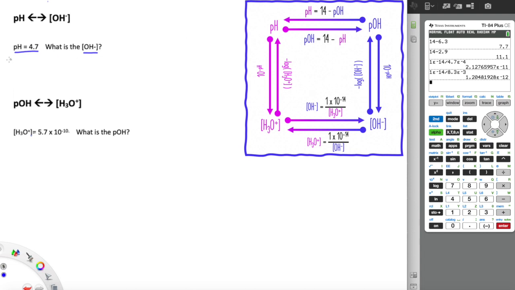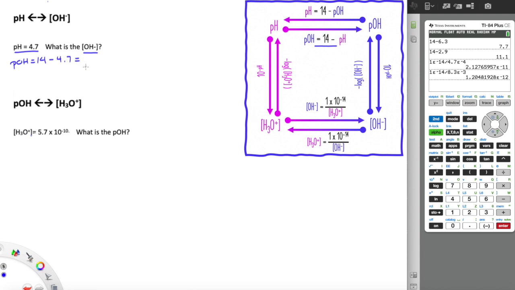So I'm starting with a pH, and if I need to convert pH to pOH, I'm going to have to use this equation right here first. So I'm going to start off with pOH equals 14 minus 4.7.